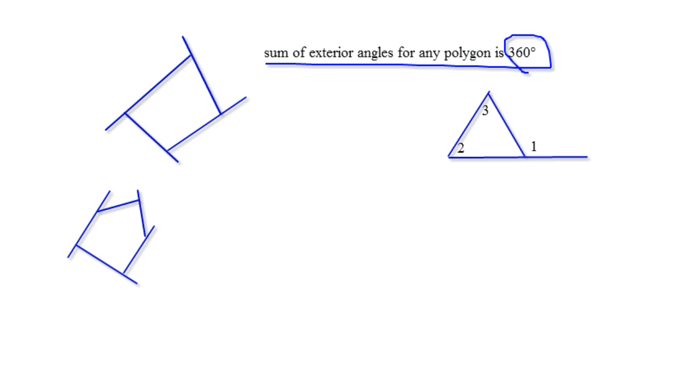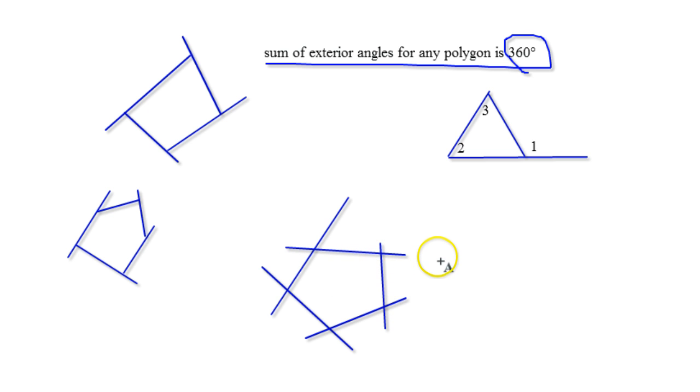So you can actually find out what each exterior angle is going to be. Now, you can only do that with a regular polygon. So for example, the best way to get a regular polygon sometimes is to overdraw quite a bit. There we go. Okay, so let's say that this pentagon was regular.